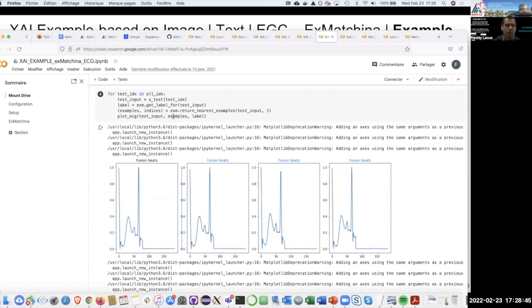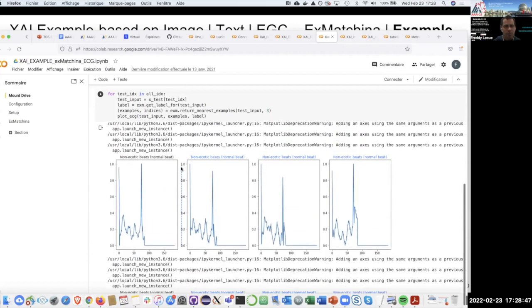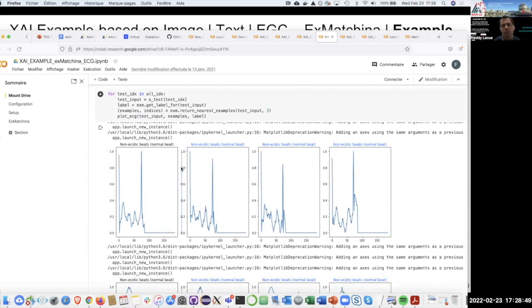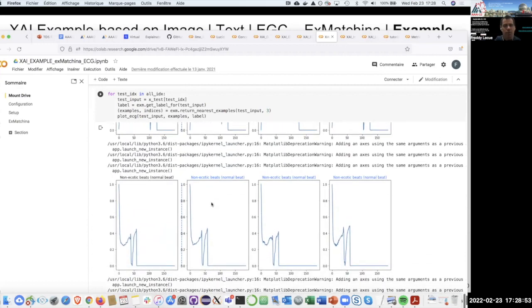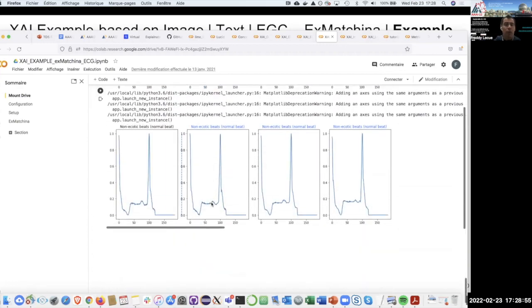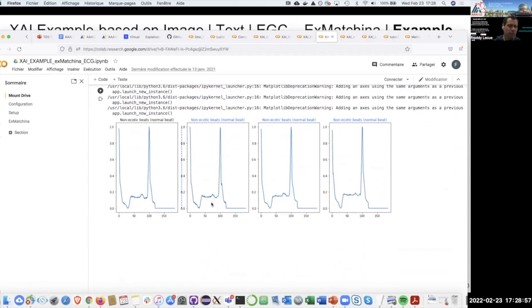So this is what you see here. This is the example that you want. Again, it's doing the same based on examples. And again, you may question, well, is that really an explanation? It doesn't really explain the temporal relationship. If you want to explain why it's dropping here, that doesn't help.